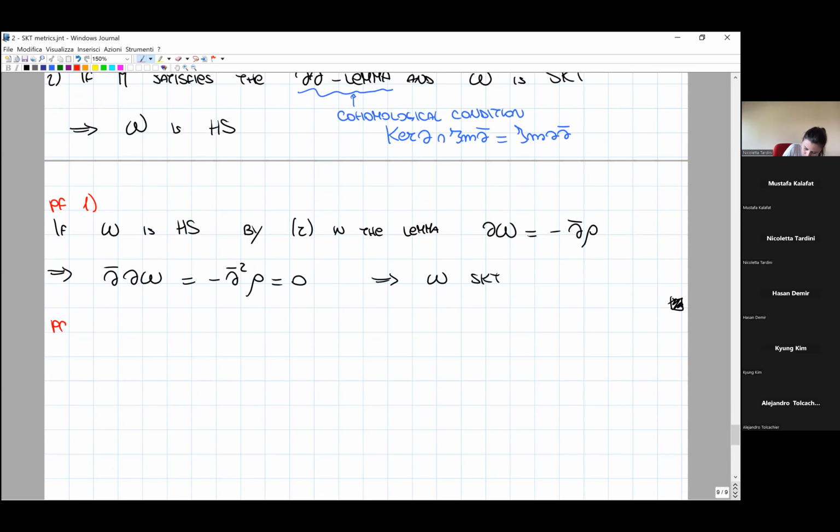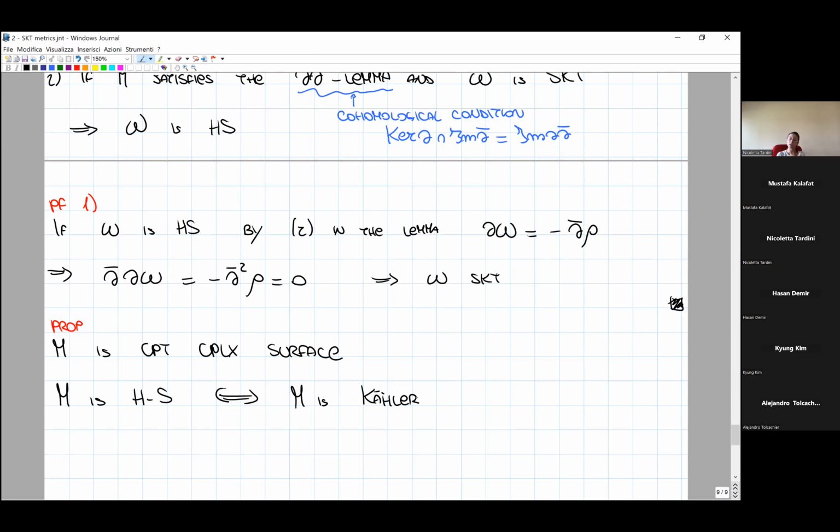So I want just to conclude with this proposition saying that if M is a compact complex surface, we have that there exists a Hermitian symplectic metric if and only if M is Kähler. So M admits a Kähler metric that will not coincide with the Hermitian symplectic one, okay?